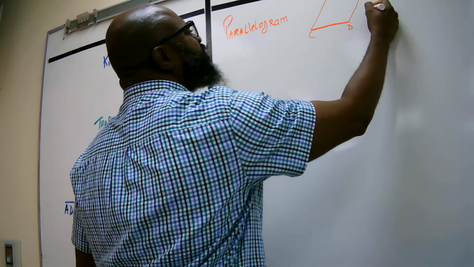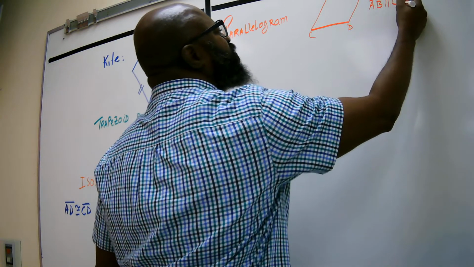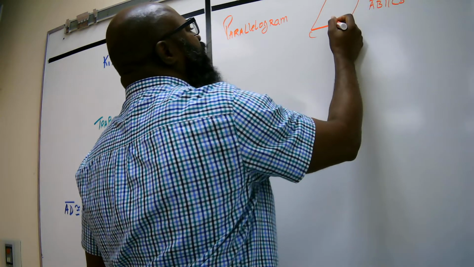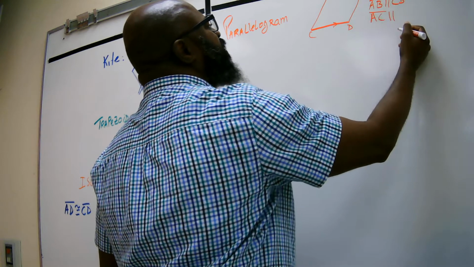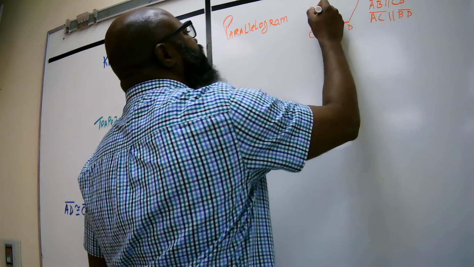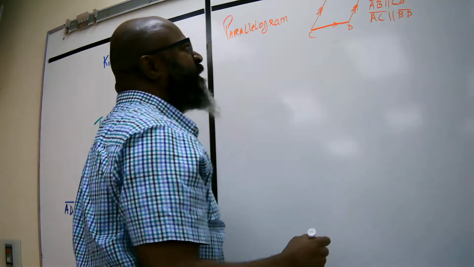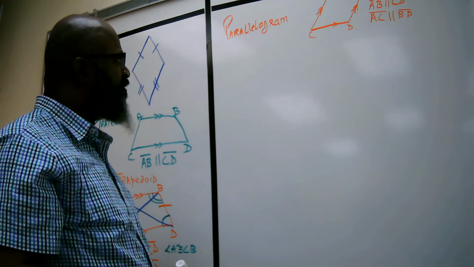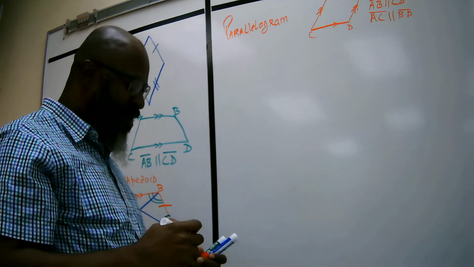Meaning that AB will be parallel to CD, and AC is parallel to BD. Both pairs of opposite sides are parallel. Later we're going to discuss more properties of a parallelogram.